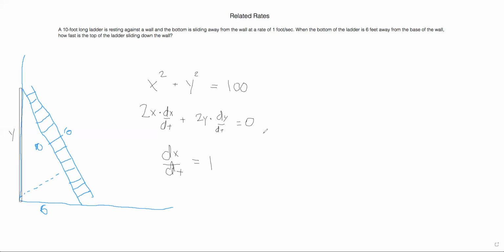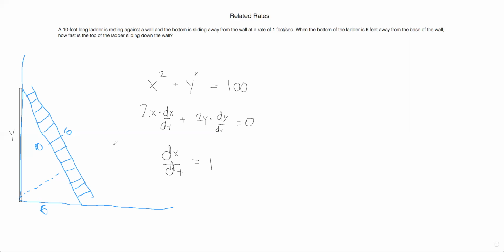Yep. And then so we have 2x plus 2y times dy/dt. Yep. And then they ask us how fast is the top of the ladder sliding down the wall. So we're trying to find the derivative of y with respect to time. Where it says when the bottom of the ladder is 6 feet away, can't we substitute in 6 for that?